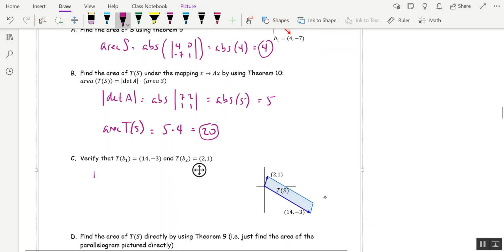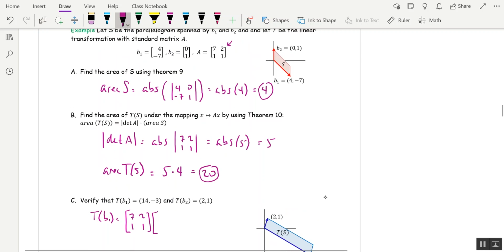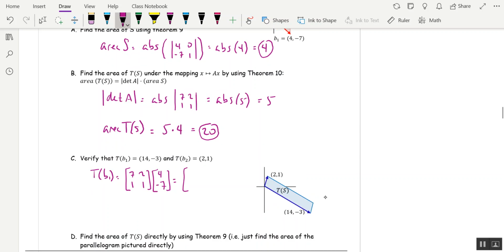So T of B1 should be A times B1. So 7, 1, 2, 1 times B1, and B1 is, I've forgotten, 4, -7. Okay, so let's see, that's 28 minus 14, which is 14. And then 4 minus 7 is -3.